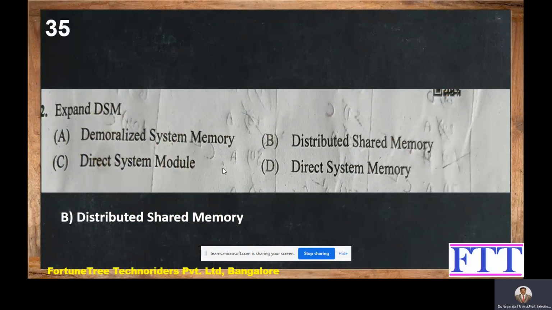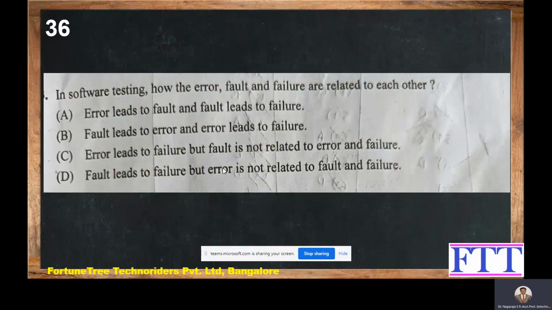36th question. In software testing, how are error, fault, and failure related to each other? Option A, error leads to fault and fault leads to failure. Option B, fault leads to error and error leads to failure.